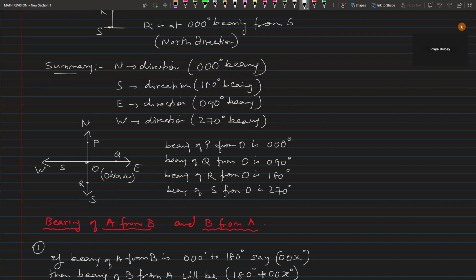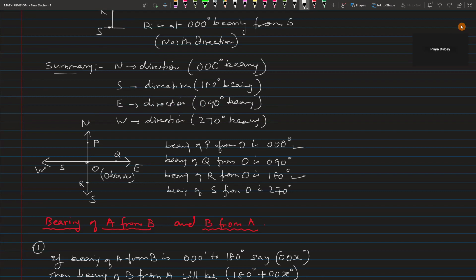Right. Then if you see point R, R is exactly in the south of O. R point is in the south direction of O. So the bearing will be 180 degrees. So can you see I have written here 180 degrees? Yes. This is for south.